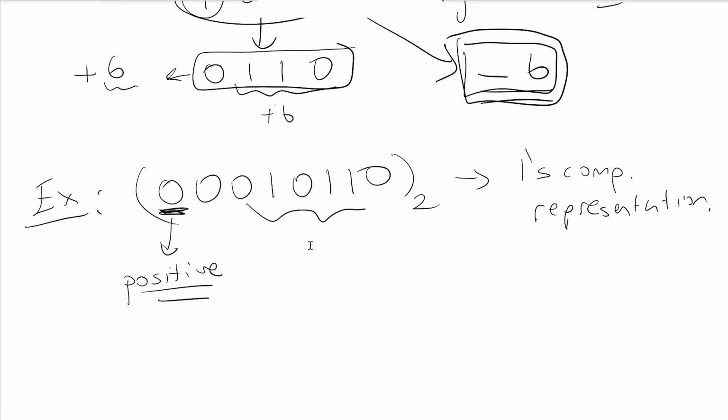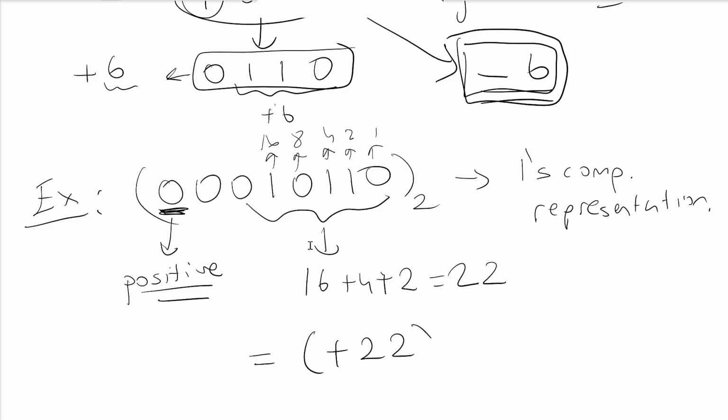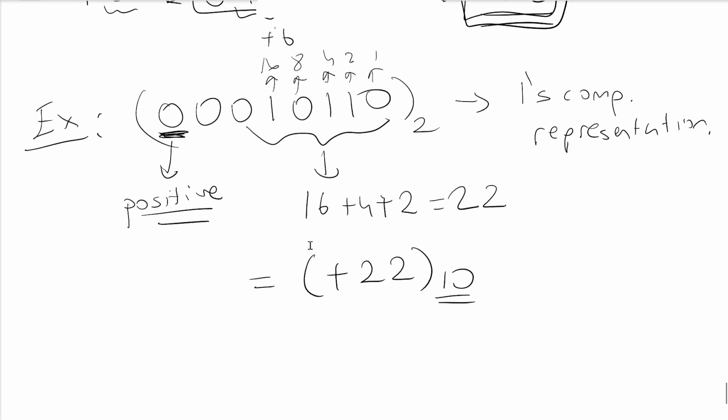I can directly look here and find the magnitude. In this case, the weights are 1, 2, 4, 8 and 16, so the magnitude is 16 plus 4 plus 2. This is 22, so the number is plus 22 in decimal. This was the example for a positive number in a one's complement representation.